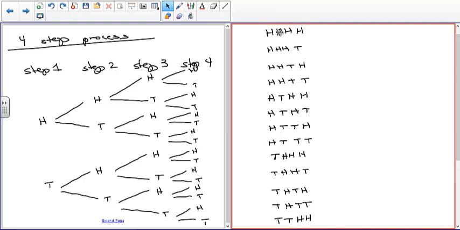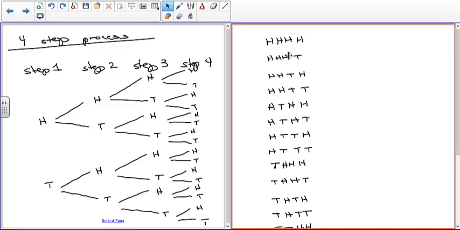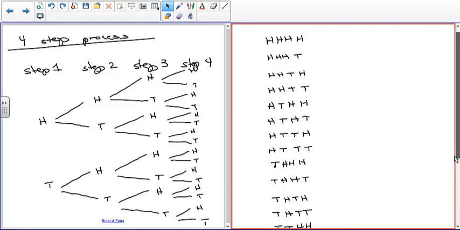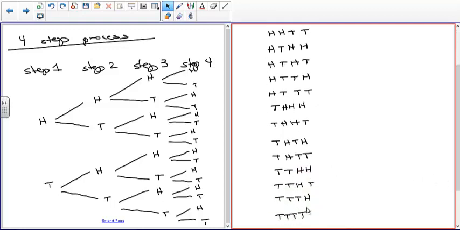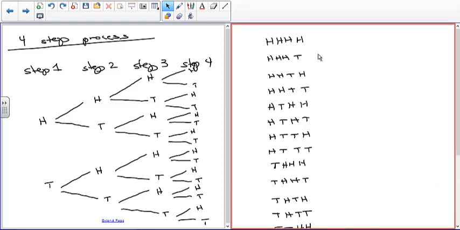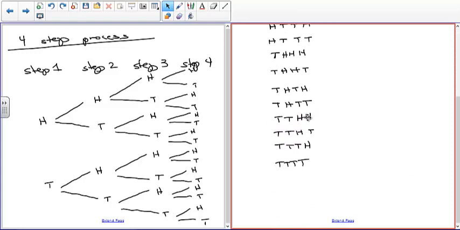Then the second one we have 4 heads, 4 tails, 4 heads, 4 tails, and then you have 2 heads, 2 tails, repeating, and then the last letter alternates heads, tails, heads, tails. It's just confirming that I did everything right.